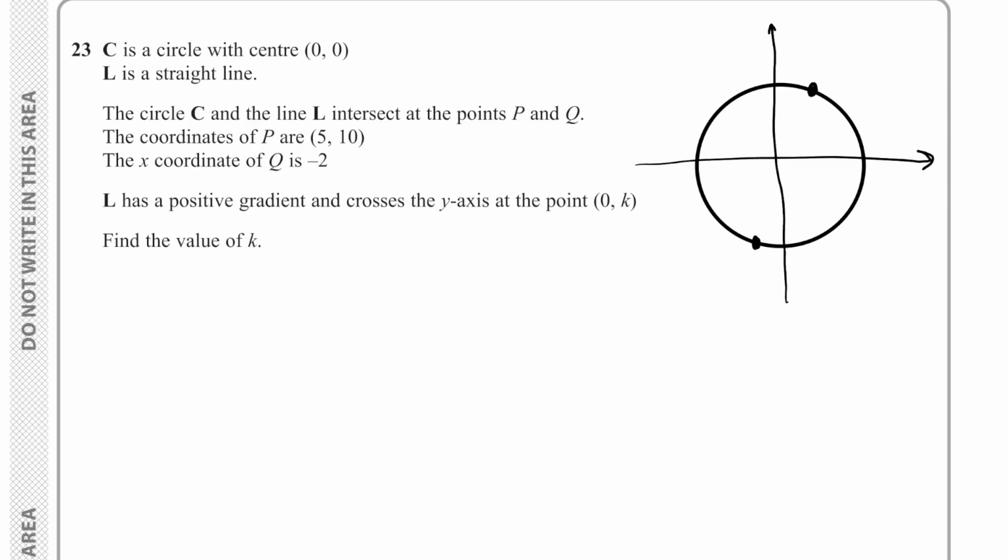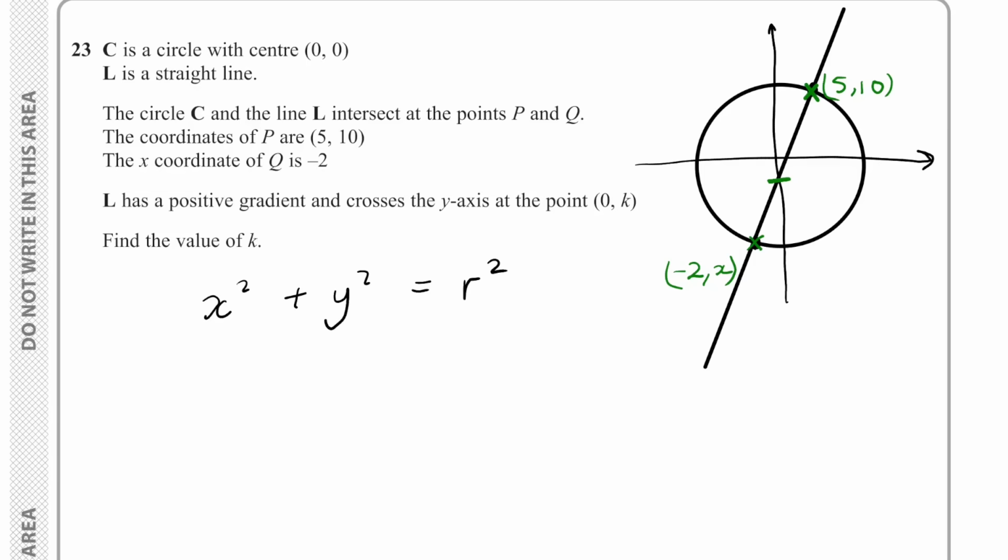And crosses the y-axis at 0k. Find the value of k. So we have our straight line like this. We've got 5, 10 and -2 something. And we need to know where it crosses the y-axis. So the equation of a circle is x squared plus y squared equals the radius squared when the circle's center is at the origin.